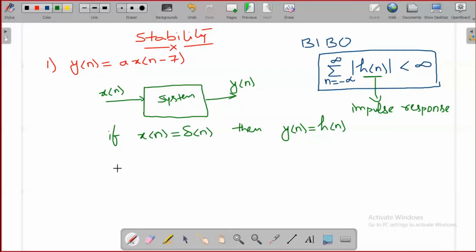Whatever response you get, y of n, when the input is impulse del of n, that response we call the impulse response, represented by h of n. So we can find the impulse response of the system simply by applying an impulse as the input.